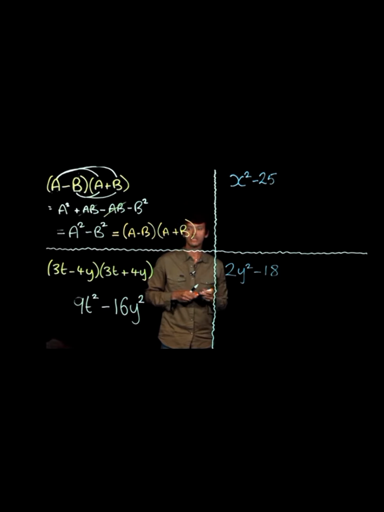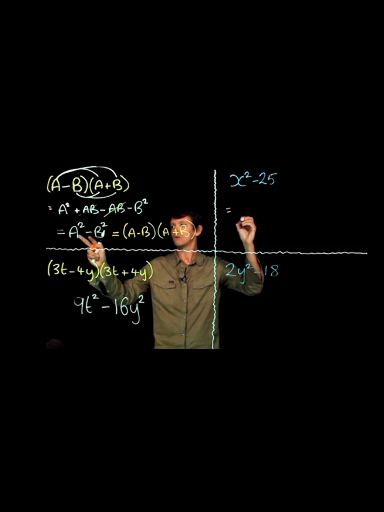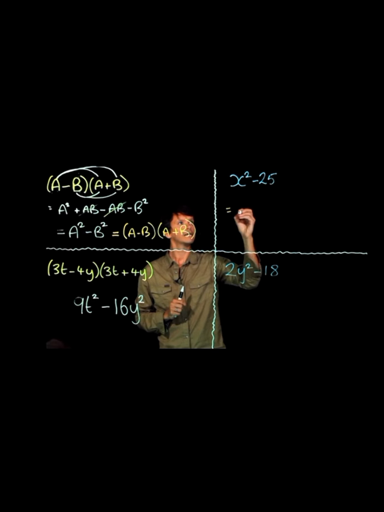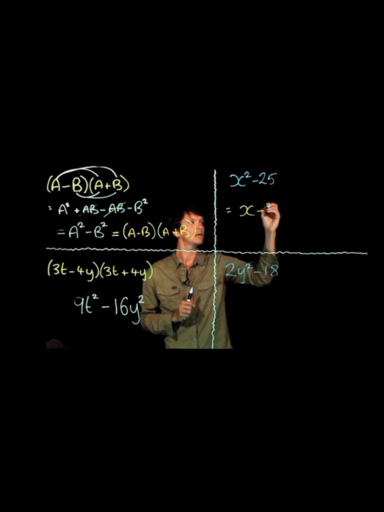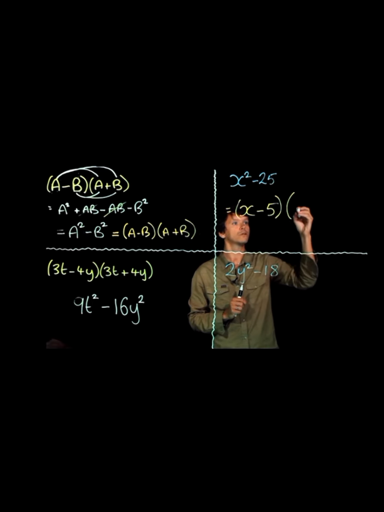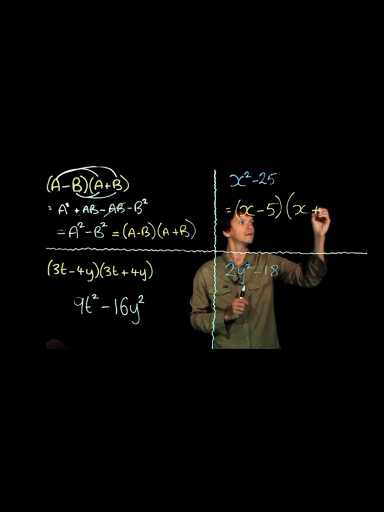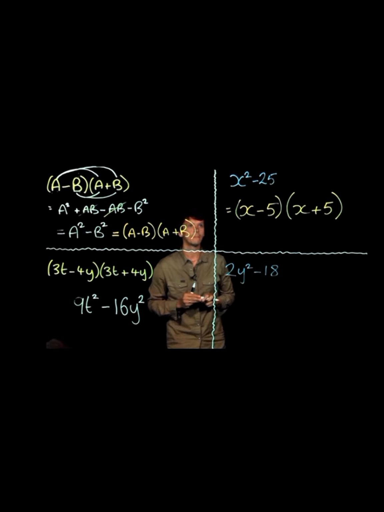So we know we've got the difference of two squares here, which means we can go straight to our formula again, and we can expand that to x minus 5 multiplied by, remember our term here is 5 squared, x plus 5. And there's our difference of two squares.